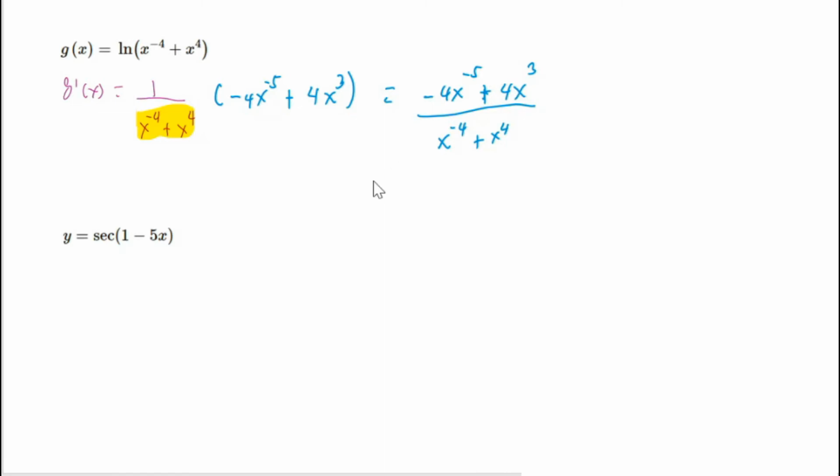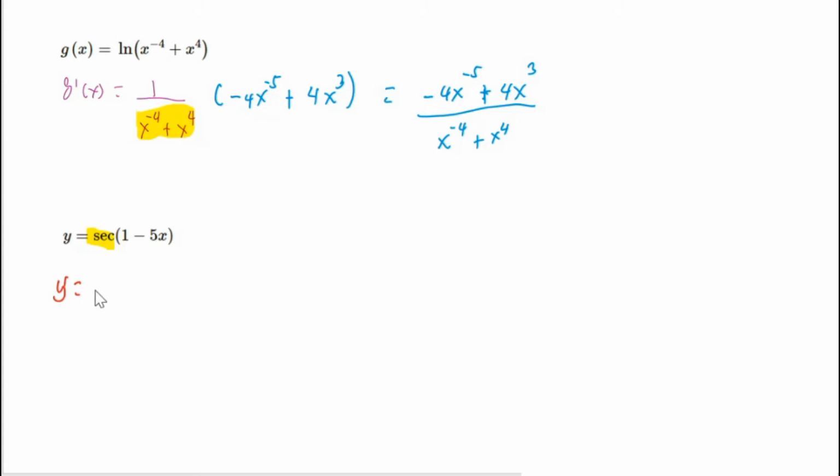Okay, the next one we have y equals secant of 1 minus 5x. So we can write now y prime as a symbol for derivative. So is equal to, start finding the derivative of the trigonometric function followed by the measurement of the angle. So we know that the derivative of secant u, if u is the name of the angle, is equal to secant u tangent u.